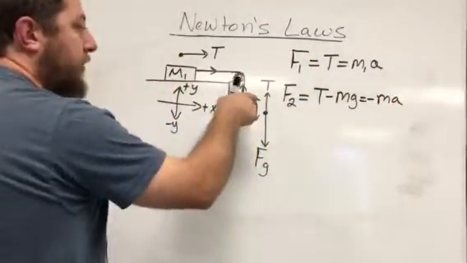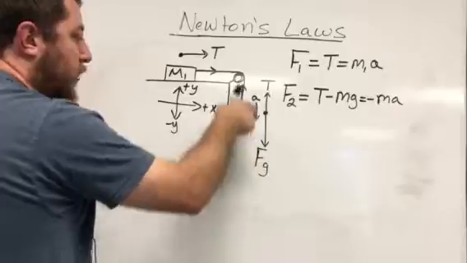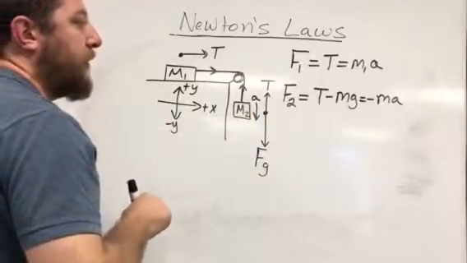The negative sign comes into play because A is downward in the negative y direction, all right?